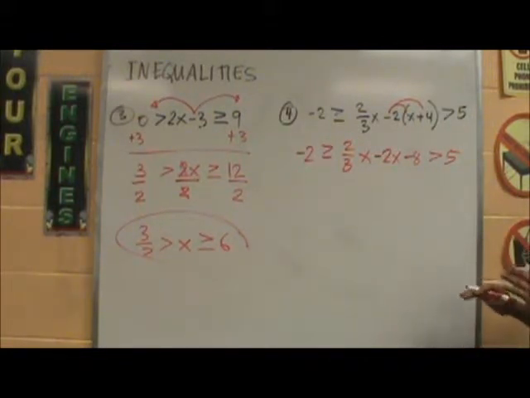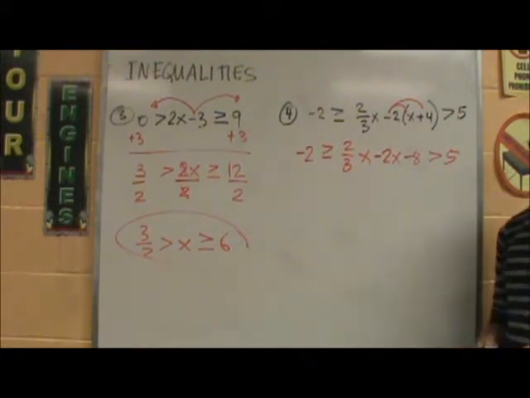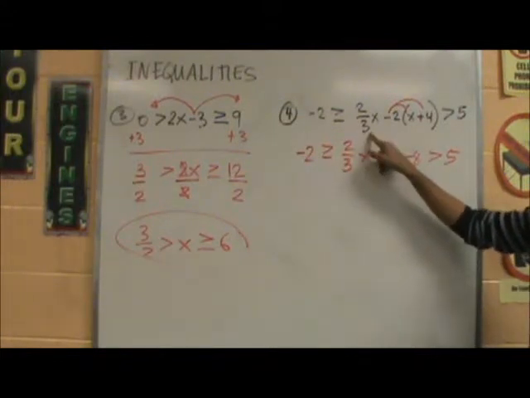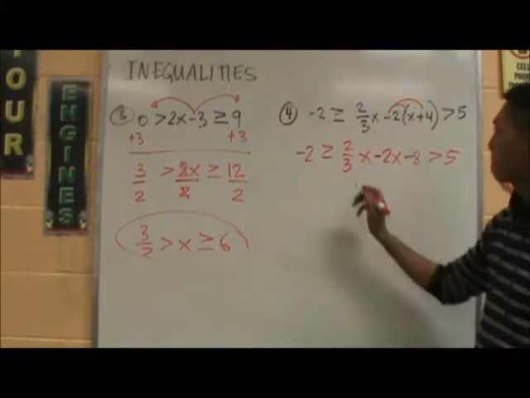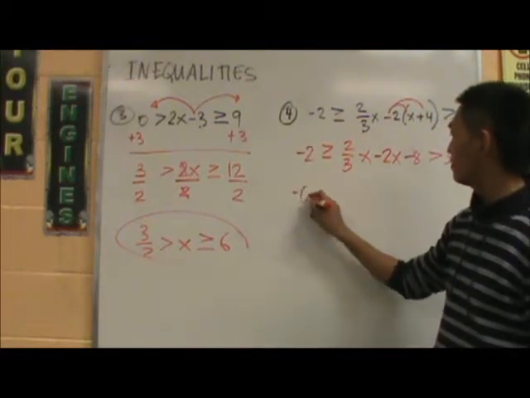Now that we're done with the parentheses, we can go ahead and multiply everything by 3, which is your denominator. We have to multiply everything by 3. Common sense this time, mental math. Negative 6.